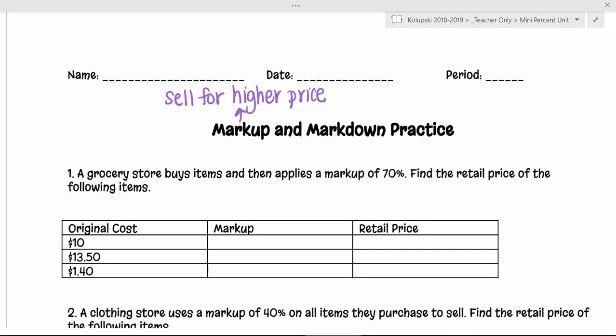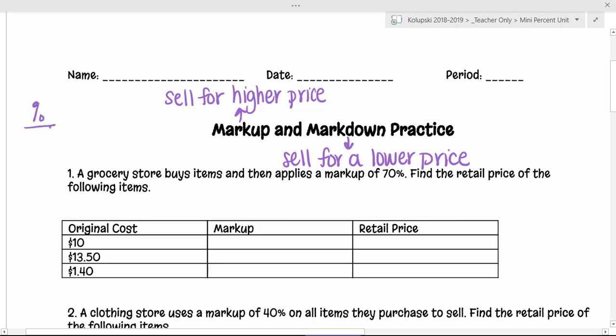A markdown would be the opposite, when you sell for a lower price. This would be our discounts like we're used to. Now, normally we use the equation percent over 100 equals part over whole. Today, let's try a different one.